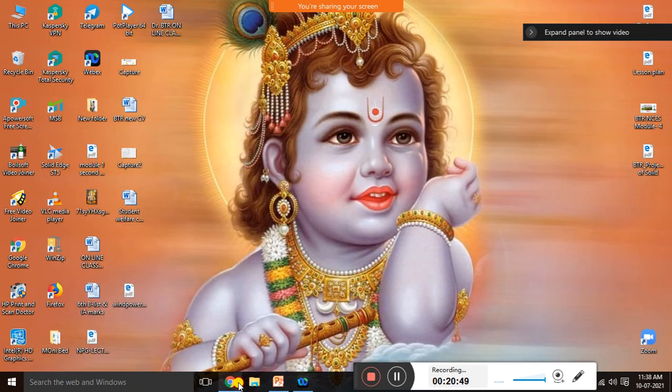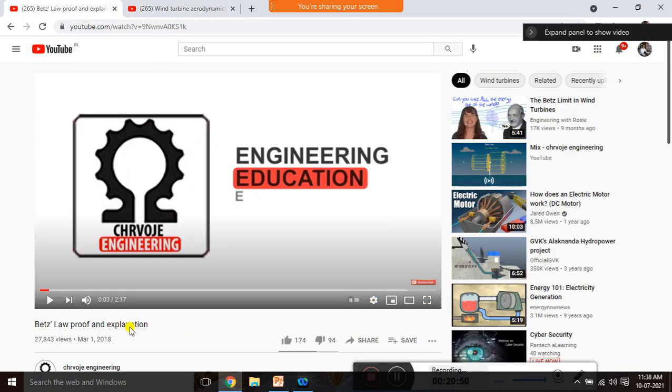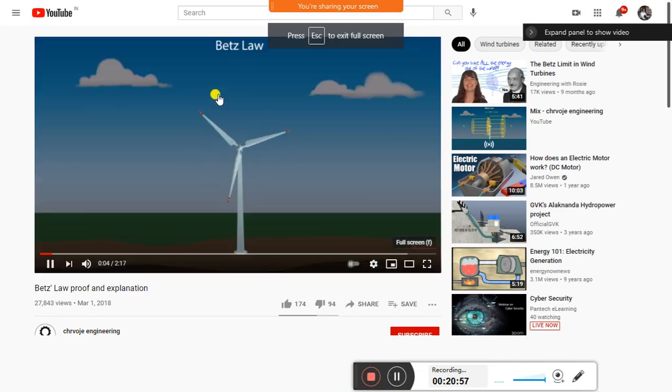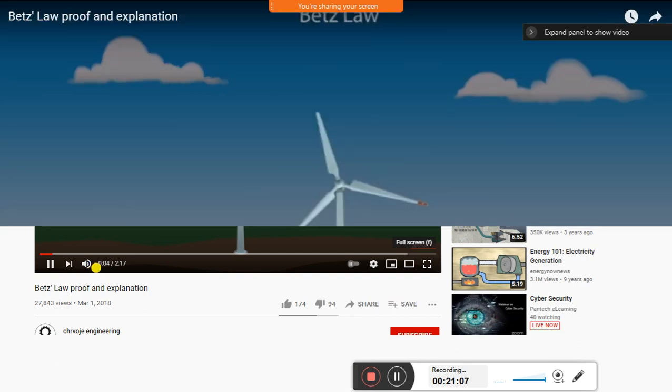Now let's see what Betz's law is. No turbine can capture more than 16/27 of the wind's kinetic energy, that is the maximum efficiency, 59.3%.